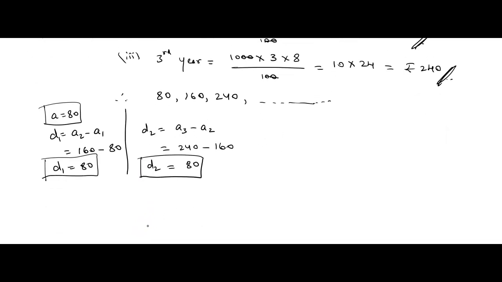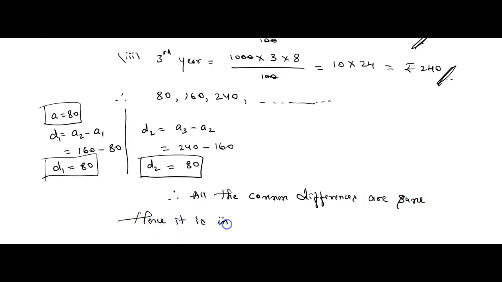Even second common difference is also 80. So what can we conclude? Therefore all the common differences are equal or same, hence it is in AP. Hence this problem is in AP.